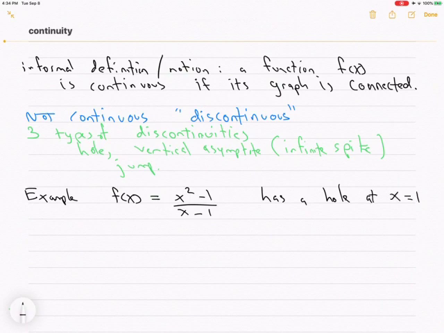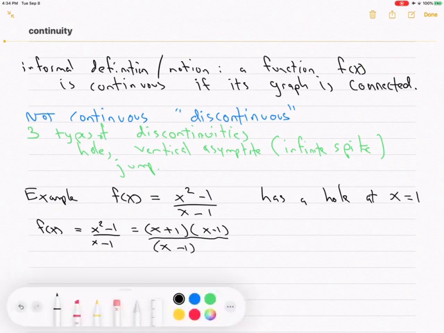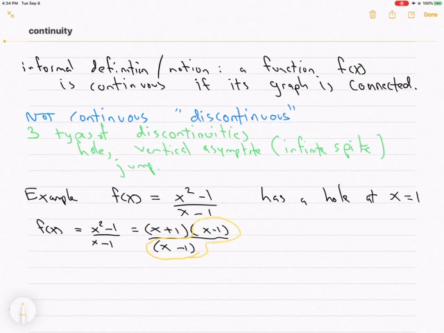Okay? And one way that we can see that is that f of x, just using some algebra, we can factor the numerator, difference of squares, or you can use the AC method. And this is what we get. And now if we notice, there's this common factor here.